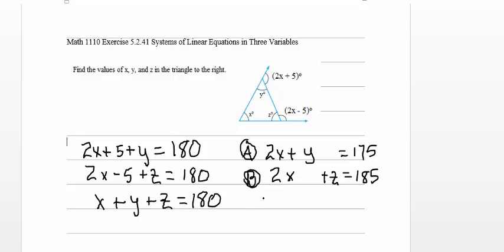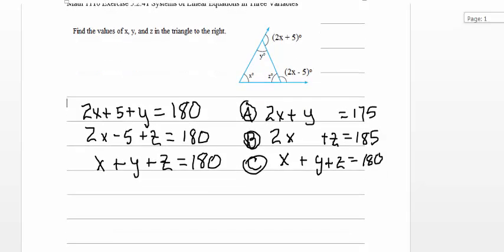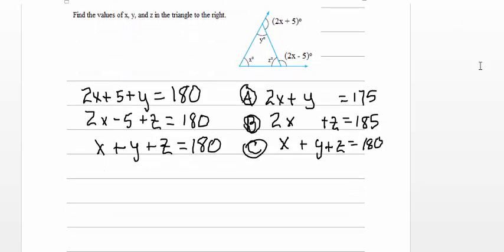And in the third equation, we'll just recopy it. X plus y plus z equals 180. All right, so those are our three equations that I've labeled as A, B, and C.